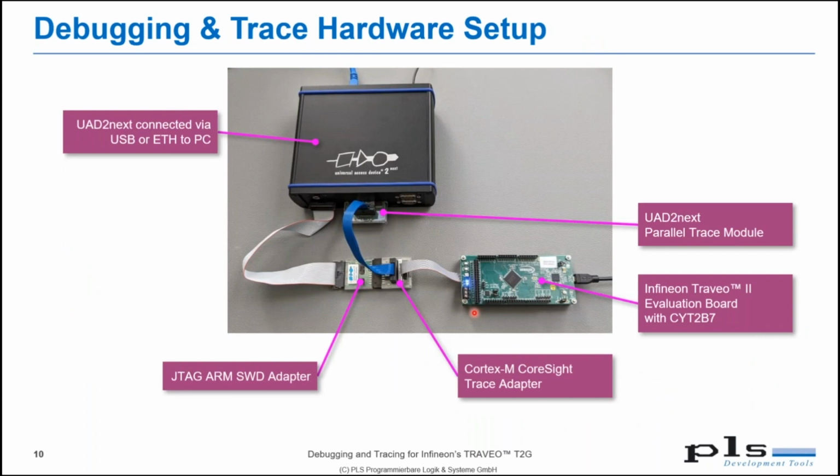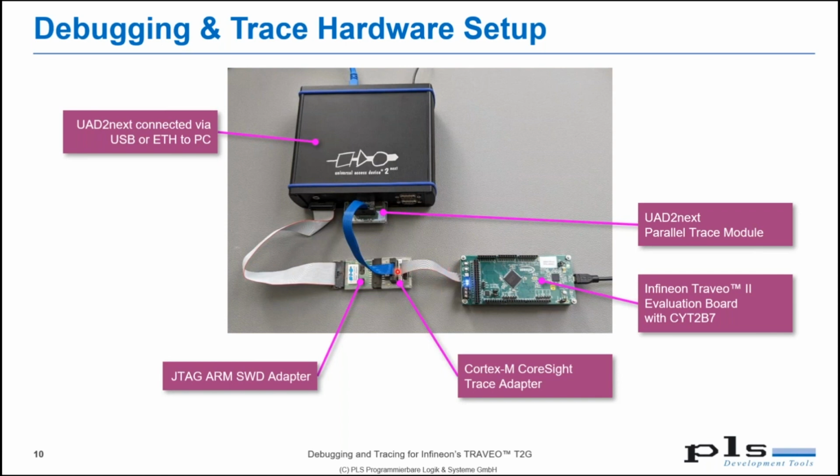in a few seconds. That is the actual setup that I have on my desk. So you see the UAD2Next device with the parallel trace module plugged in front of the device. For debugging, we need the Arm JTAG SWD adapter here, and also the trace adapter for CoreSight trace.